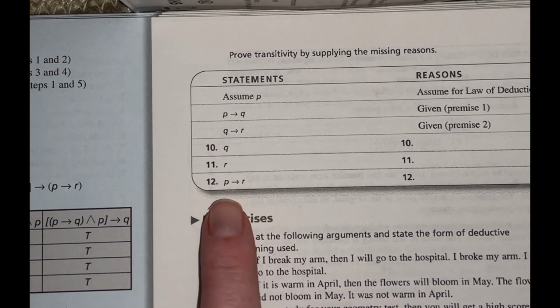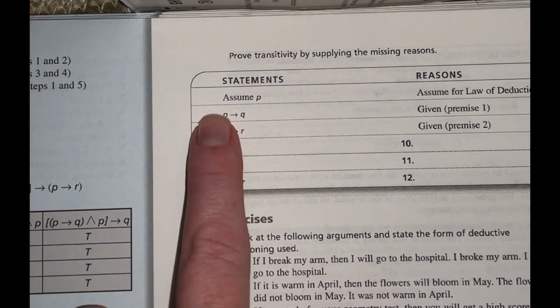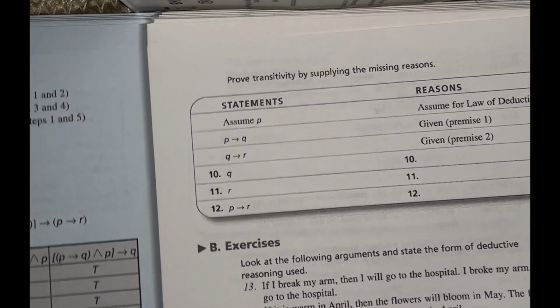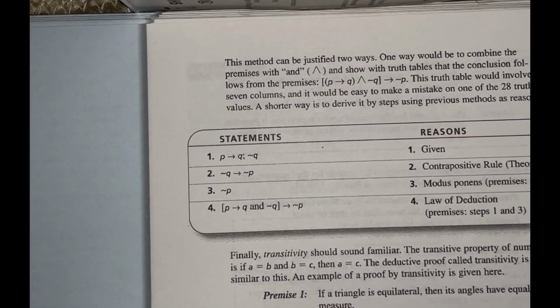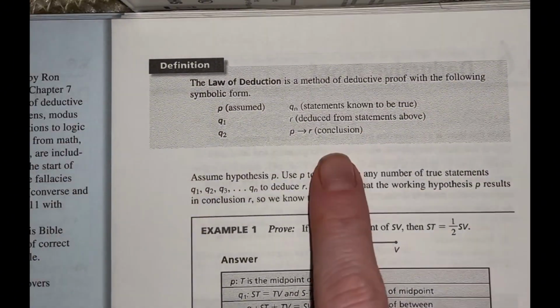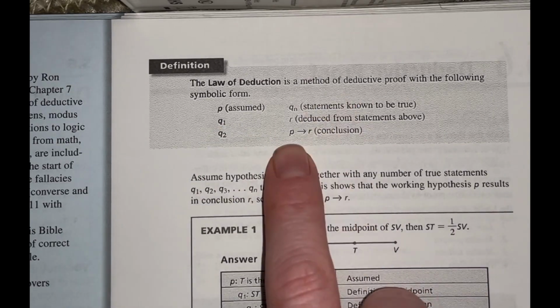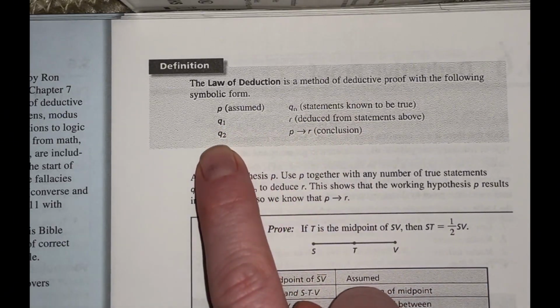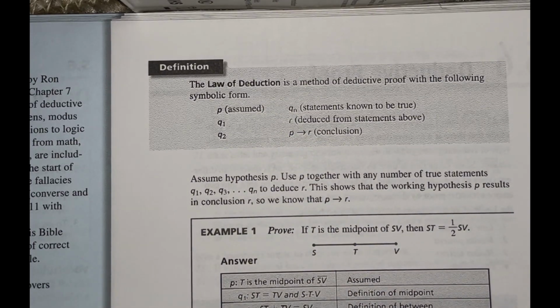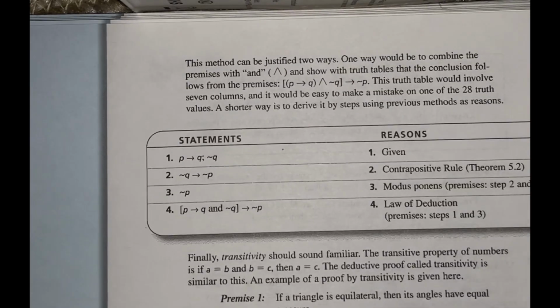So then, if P, then R, we're then talking about the law of deduction. And we're just going to pull up the law of deduction again. And, oh, there it is, right there. So, the law of deduction.